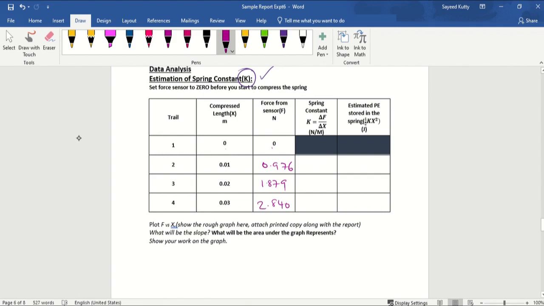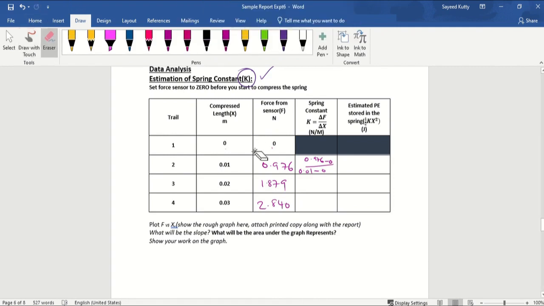The spring constant is delta F divided by delta X. So this is delta F, 0.976 minus 0, divided by 0.01 minus 0. That means, in fact, 0.976 divided by 0.01, right?